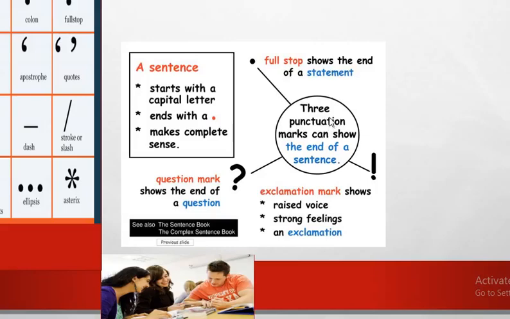Generally, 3 punctuation marks can show at the end of a sentence. These are full stop, question mark, and exclamation mark. What is the purpose of exclamation? Exclamation mark shows raised voice, strong feelings, and exclamation.